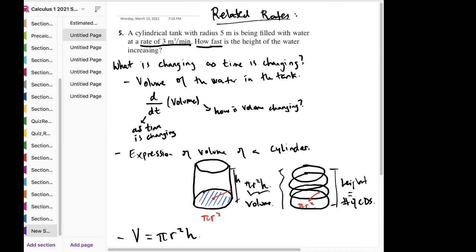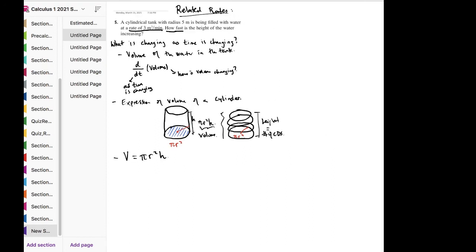Okay, so now, as time is changing, volume is changing, right? So what does that mean? That perhaps there is a function of time that says at what point in time, what is the volume? So what could this be an expression of? Well, it's pi, however r is changing, may not change, and however the height is changing, right? Do you agree that if r changes and h changes, that means the volume will change?